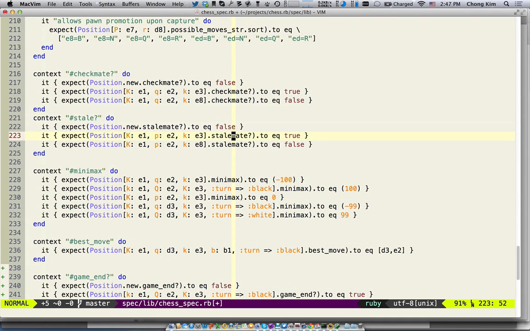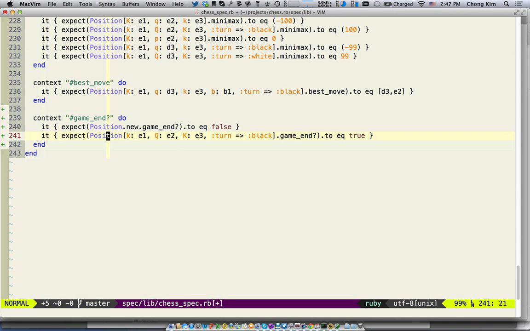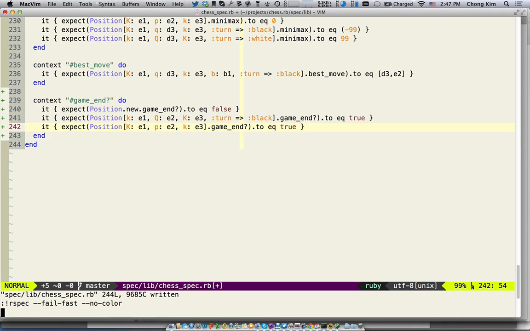Oh, that was checkmate, it should be stalemate. Let's take the stalemate position and put it right here, and when we ask it game end, this should also be equal to true. I think this is good for now.